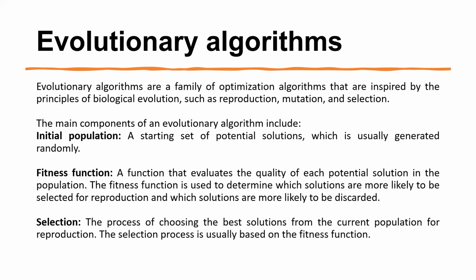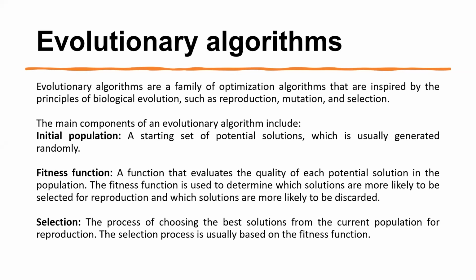Evolutionary algorithms are inspired by the principles of biological evolution, such as mutation, reproduction, and selection. So the main inspiration of evolutionary algorithms is the evolution of humankind, or evolution of every organism around us.